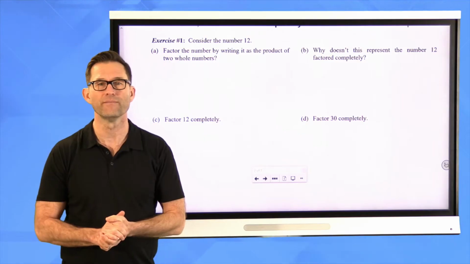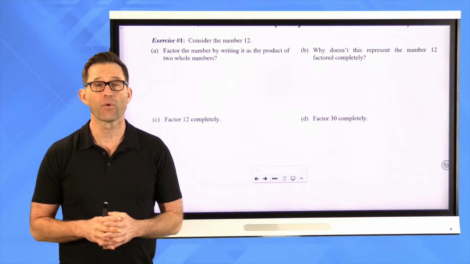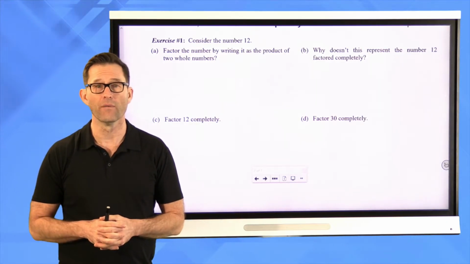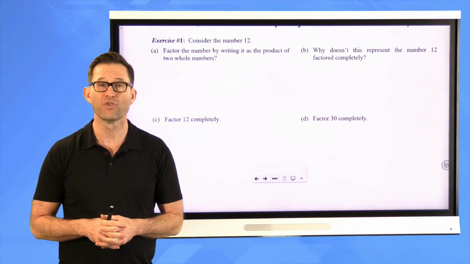Exercise number 1. Consider the number 12. Letter A, factor the number by writing it as the product of two whole numbers. Now, there's lots of different ways that you can factor the number 12, or at least a few different ways that you can factor the number 12 as the product of two whole numbers.